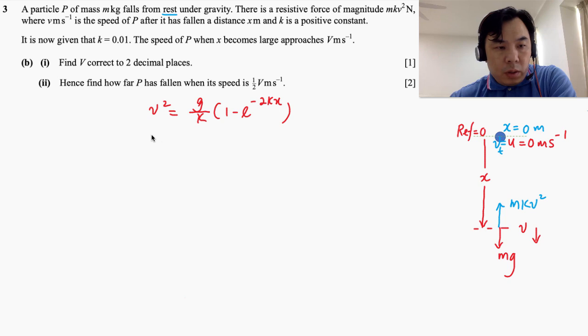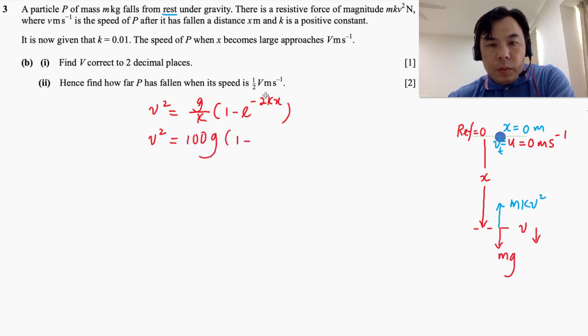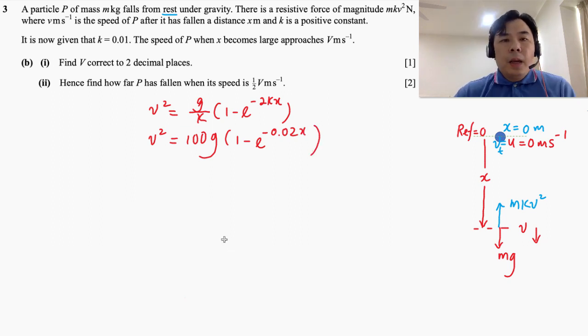Therefore, in this case, we will get v squared equal to 100 g times, this one will be, 1 minus exponential of negative 0.02x. That's how it looks.